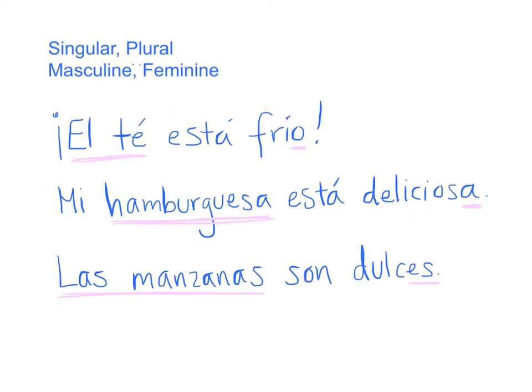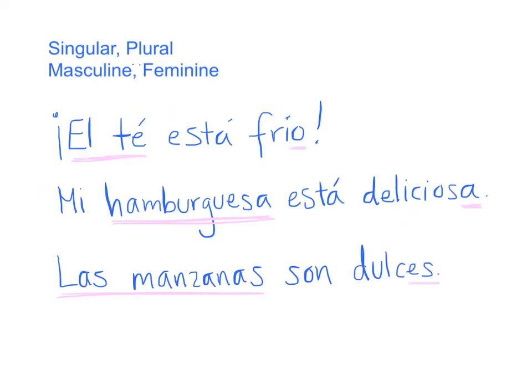So you'll see here I underlined the subject of a sentence and the corresponding ending of the adjective. El té está frío. So I left the adjective as frío because it's describing something masculine and singular. It's describing el té. Mi hamburguesa está deliciosa. Deliciosa because I'm describing la hamburguesa.